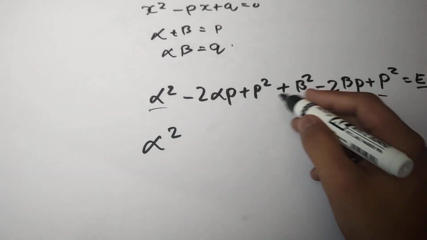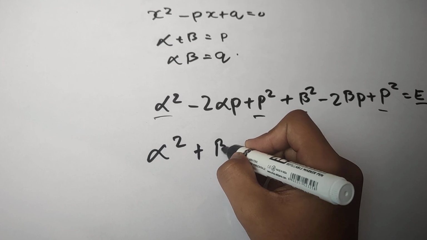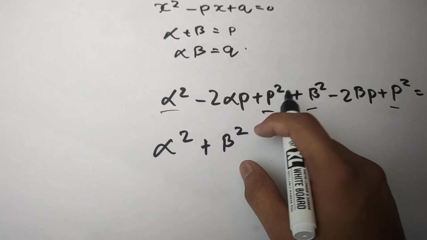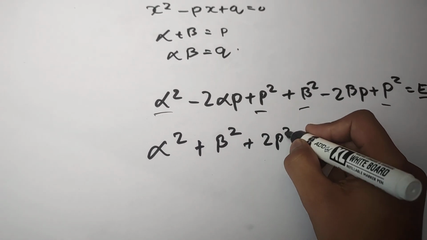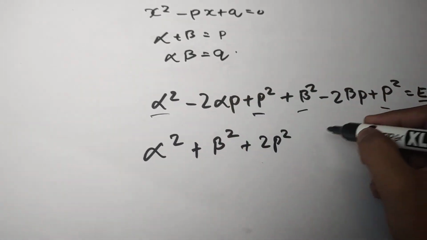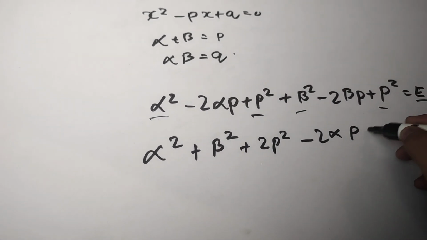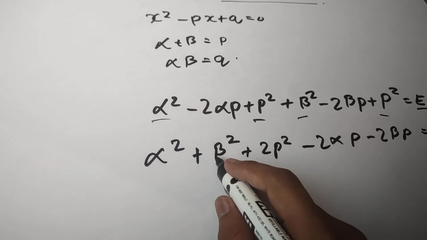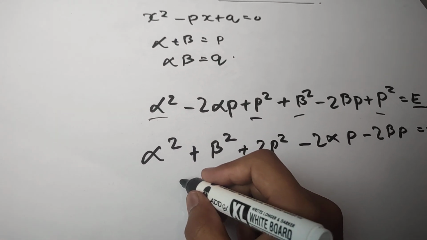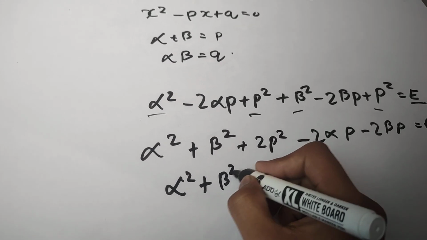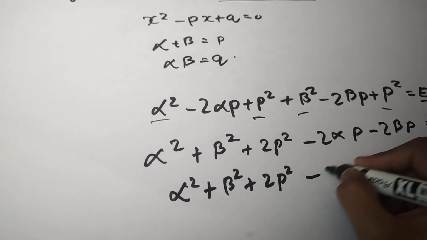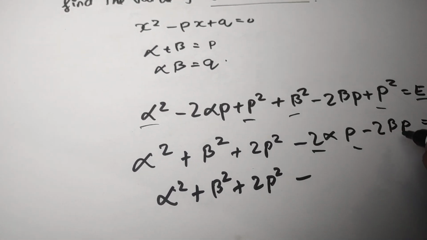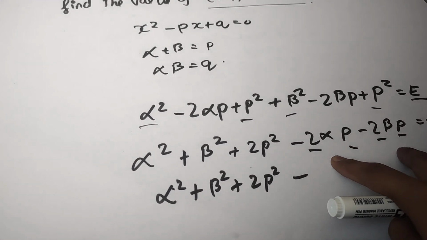So alpha square plus beta square, we have 2p square terms, plus 2p square, and then minus 2 alpha p minus 2 beta p is equal to e. Then alpha square plus beta square we'll keep as it is, plus 2p square minus, here we can take 2p common in both the terms.